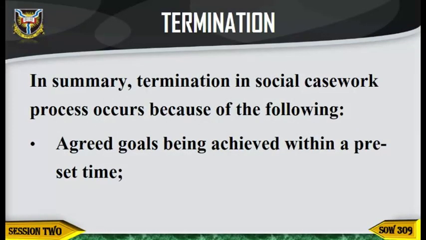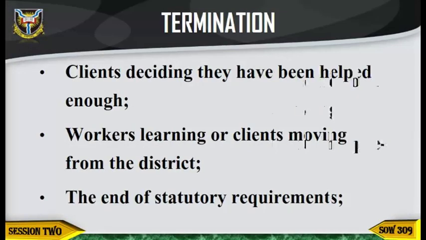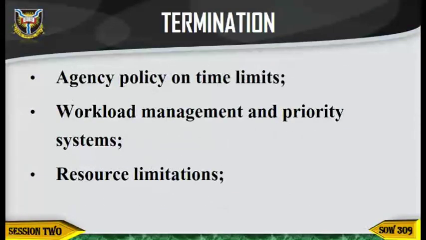In summary, termination in social casework process occurs because of the following. 1. Agreed goals being achieved within a preset time. 2. Clients deciding they have been helped enough. 3. Workers leaving or clients moving from the district. 4. The end of statutory requirements. 5.